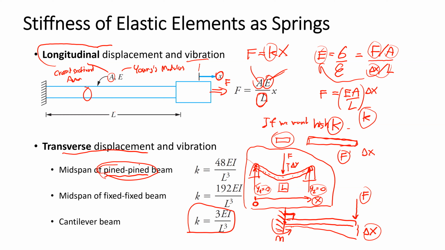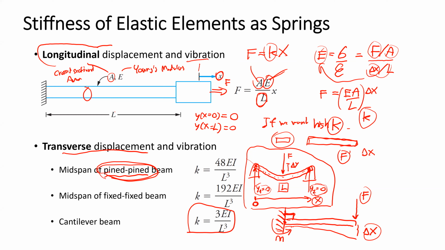For the pin-pin beam, Y when X equal to 0 is 0. We don't have displacement. Y when X equal to L is also 0, because we don't have vertical displacement.